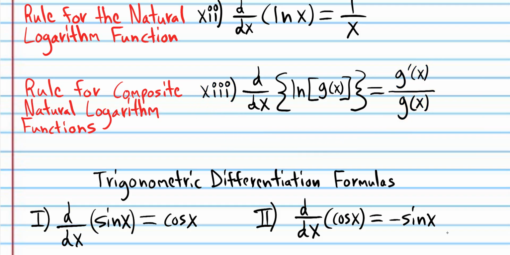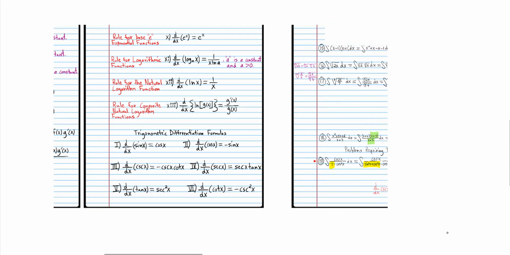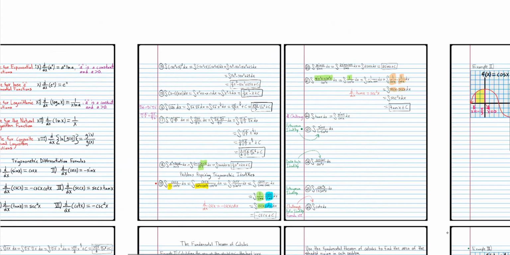But remember, if you have a natural log function, the derivative of that is the derivative of whatever's inside the function divided by whatever's inside the function. I know that's very strange, but that's how that works.